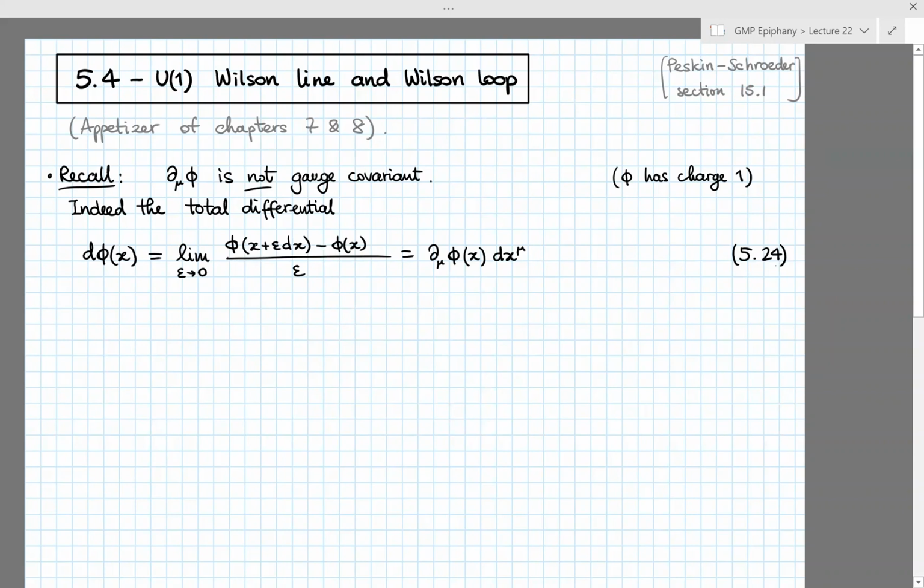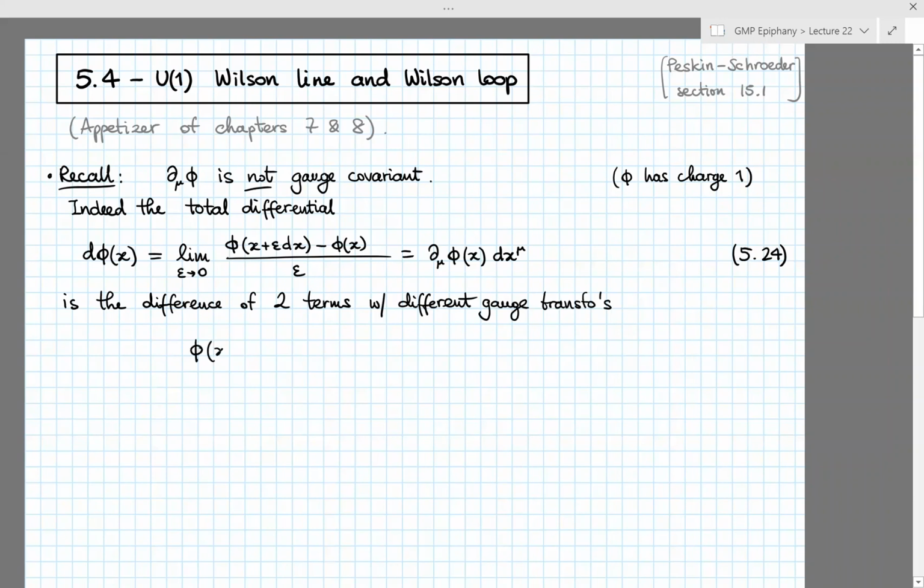And now inside the limit, we have the difference of two terms. And the problem is that the two terms have different gauge transformations, because they are defined at different points.